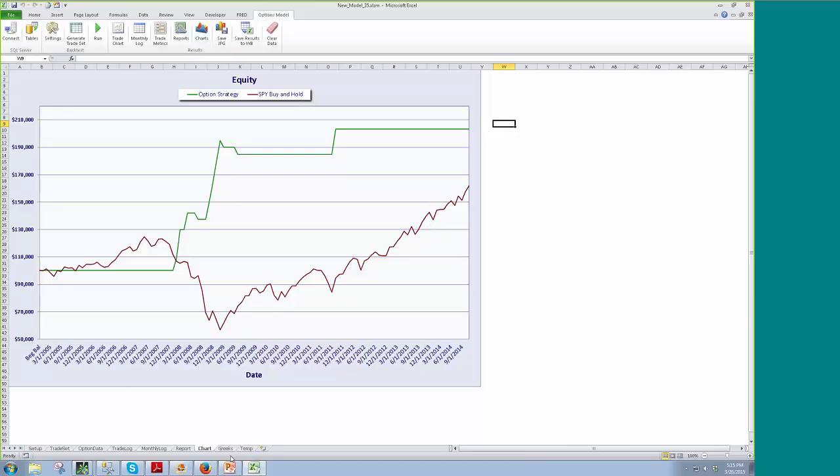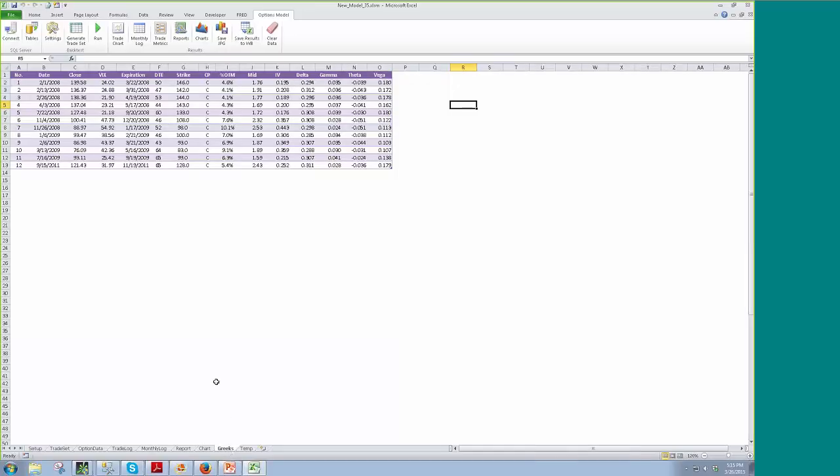Now, another thing that's very interesting is that you look at the Greeks and look at the VIX. I ran this system with no technical analysis applied to the VIX. Technical analysis is only applied to the underlying, not to the volatility index. But look at the VIX.